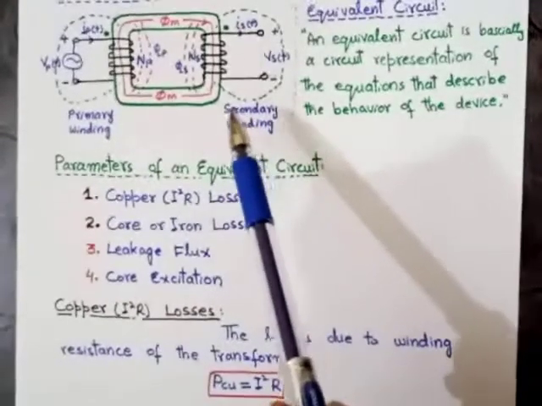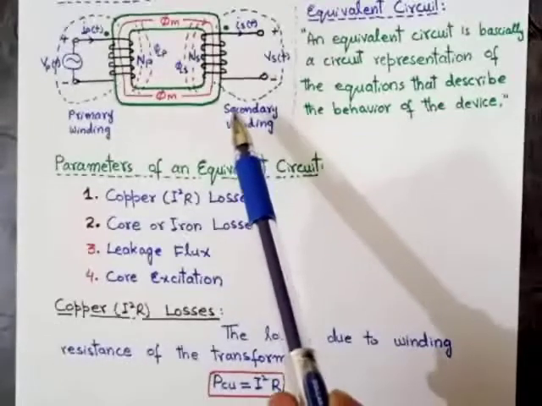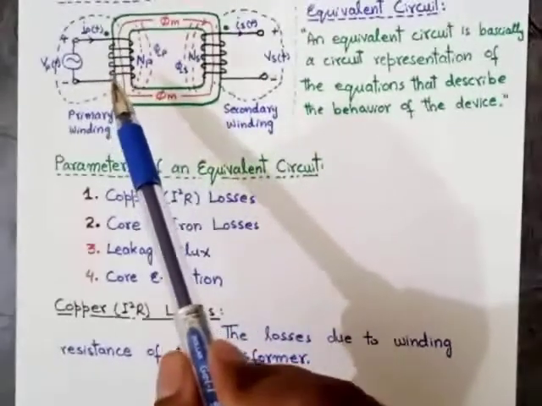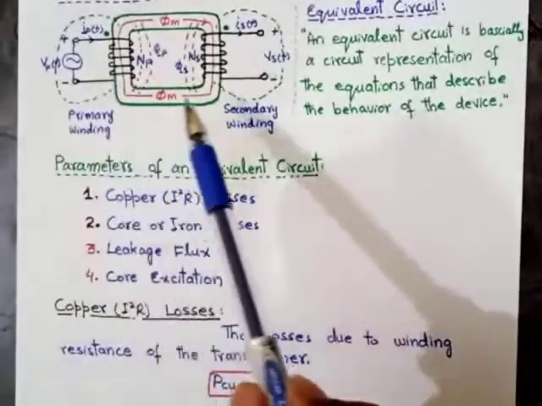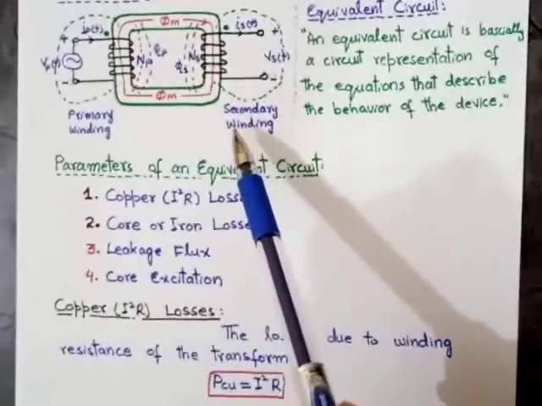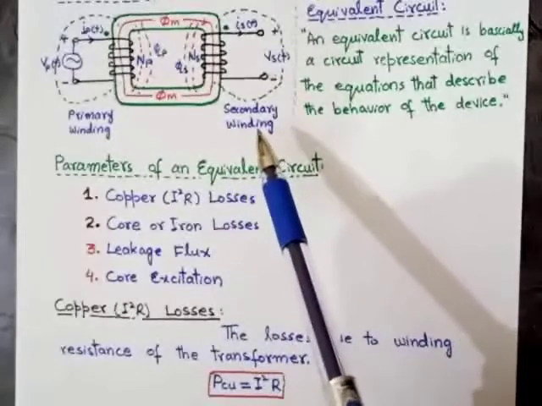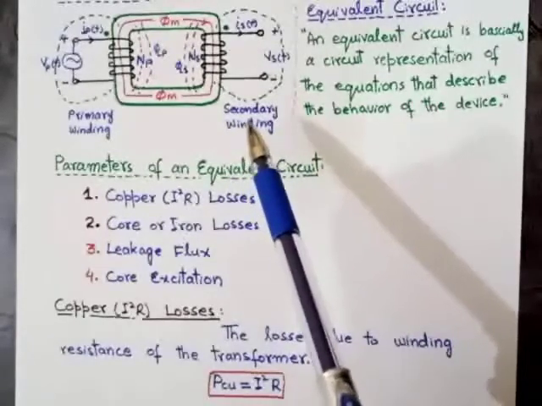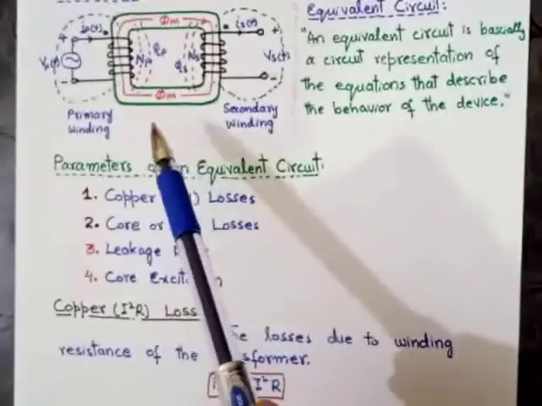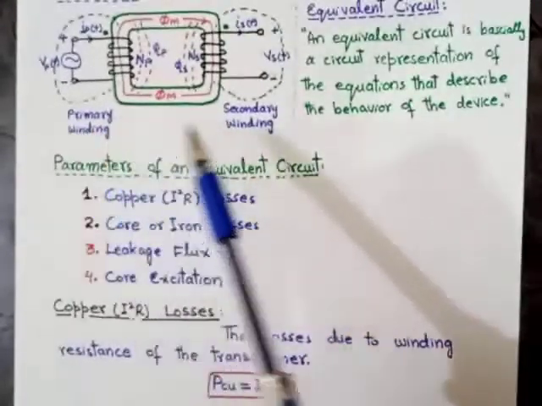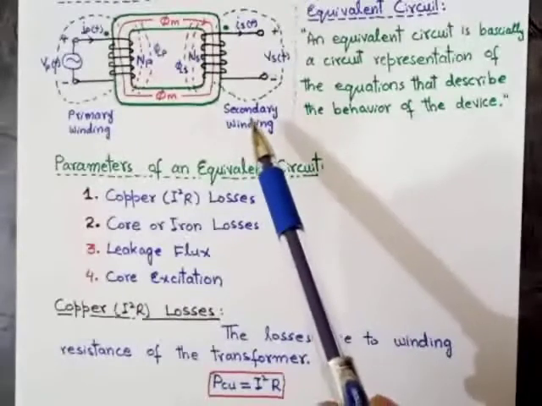Copper losses occur due to the winding resistance of the primary winding and the resistance of the secondary winding.